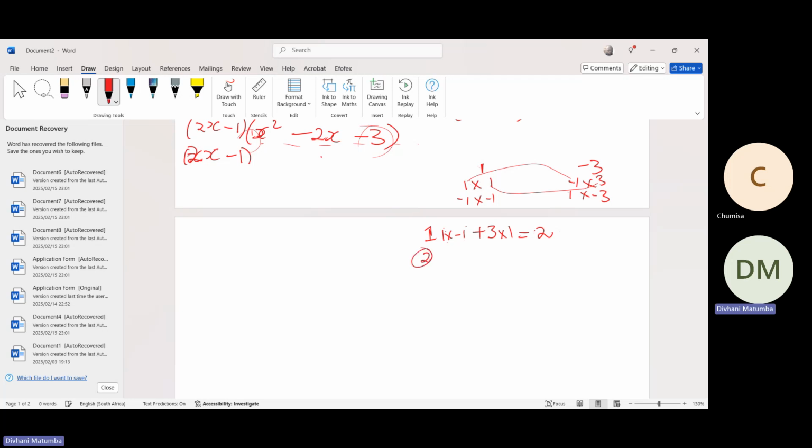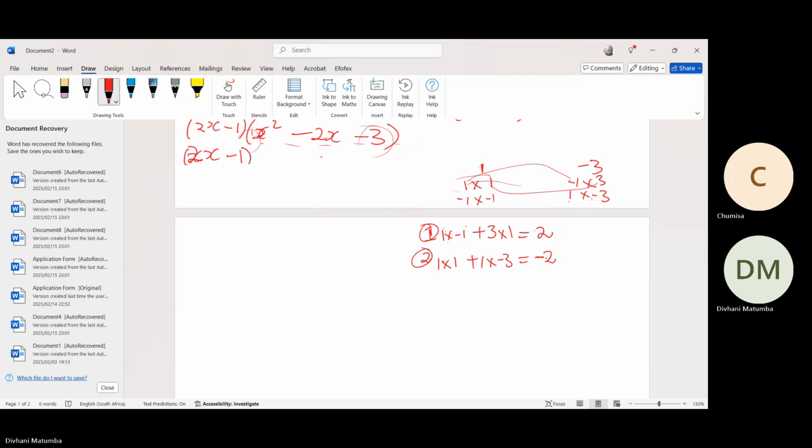The second combination: I'm going to take the same product and multiply it with the second expression. So we're going to have 1 times 1 plus 1 times minus 3, which is going to give us a minus 2.